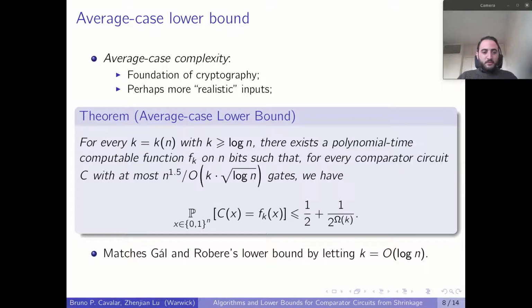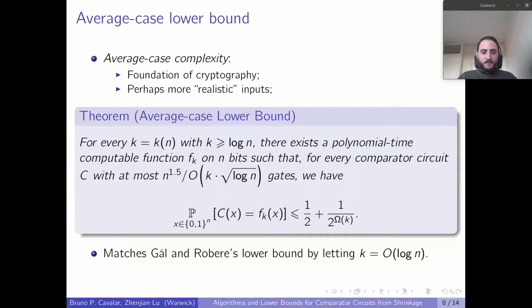So the theorem we show is that for every k, where k is at least log n, there exists a polynomial time computable function f depending on k, on n bits, such that every comparator circuit C with at most n to the 1.5 gates will agree with f on at most 1/2 plus a factor that decreases exponentially in k of the inputs.